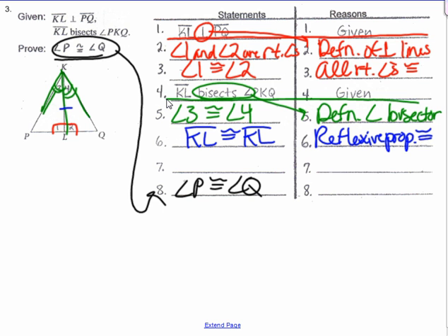So same thing, I'm going to watch my order. I'm going to go triangle PKL, so notice no markings, green, red. So I'm going to go QKL, no markings, green, red, is congruent to triangle QKL. And the reasoning for congruent triangles: I have two angles and an included side, so this is angle-side-angle.